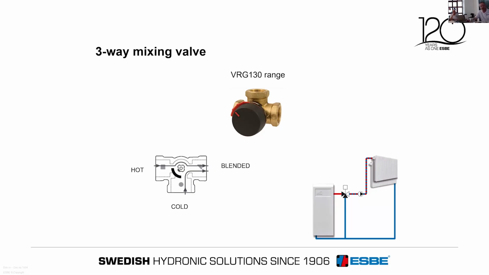You'll see there's little shapes on that illustration of a square, a circle, and a triangle. So obviously we've got hot coming into the square, and those shapes are actually embossed into the brass body themselves. So if anyone follows us up confused about how to pipe in one of these valves, first question we'll ask is A, what valve have you got, B, where are you connecting your heat source, and C, where's the blend coming out, so we know it's all piped up correctly.